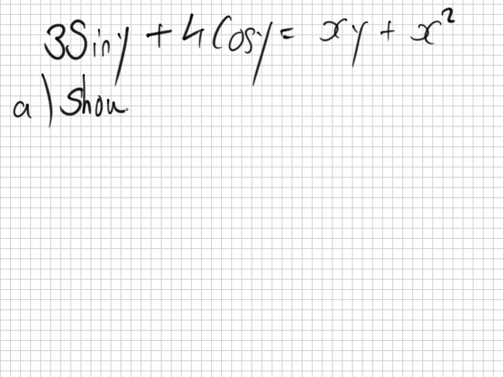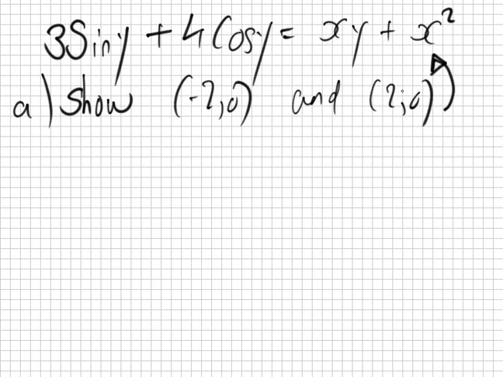How could I show it crosses the x-axis at plus or minus 2? Yeah, well, one way you could do it is you could show that minus 2, 0 and 2, 0 is on this curve. Because these are the points where it crosses the x-axis at minus 2 and 2.